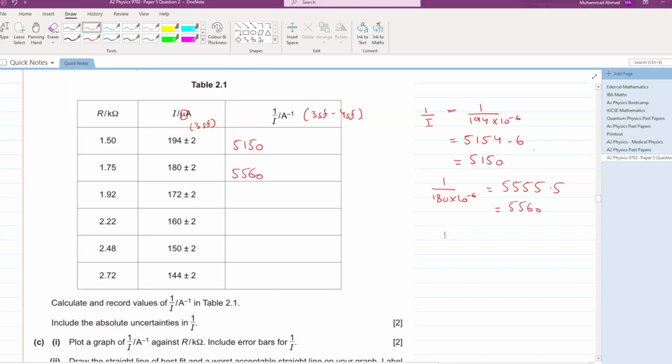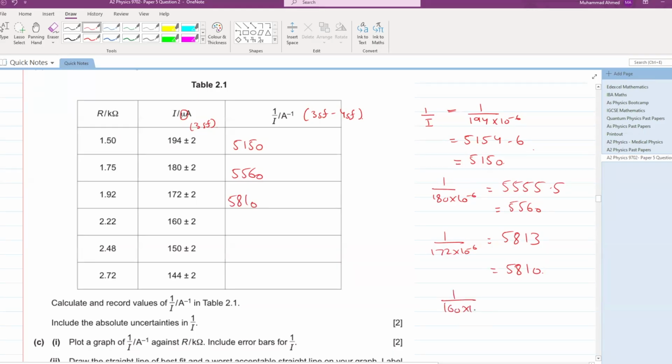Let's do it for the third one as well. 1 over 172 into 10 raised to the power of minus 6 comes out to be 5813. Till three significant figures, it will become 5810. So 5810.